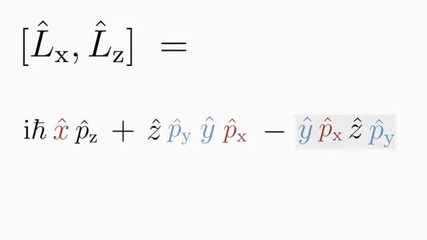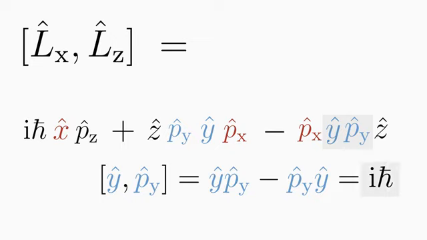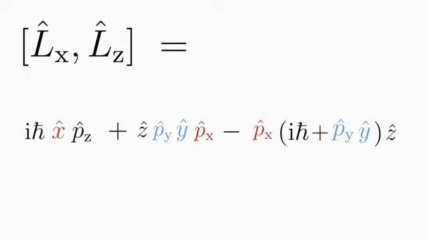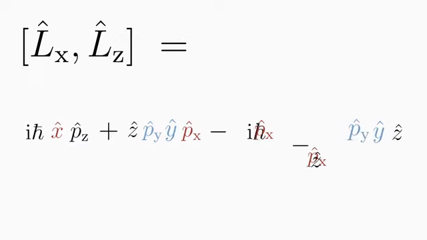Now we arrive again at a term where the interchange cannot be done just like that. First, we can interchange y and px, and then z with py. Now, to swap y with py, we have to replace it with i h bar plus py times y, because of the non-vanishing commutator. Multiply out the bracket.